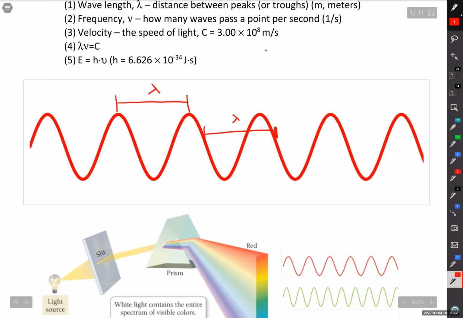It has an amplitude. Depending on how you define it, in simple terms, how big the light wave's amplitude is determines how bright it is.